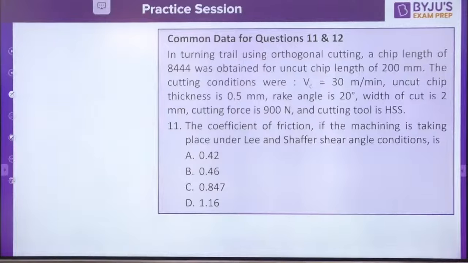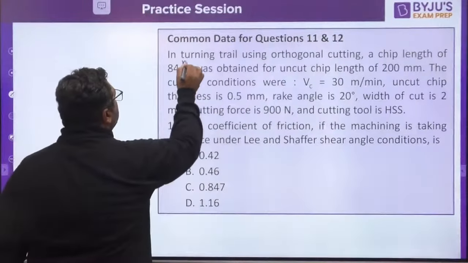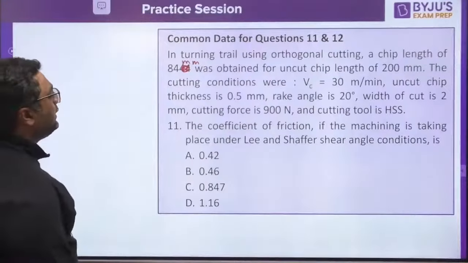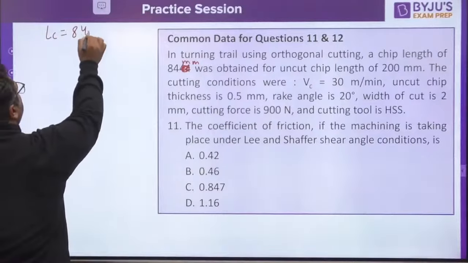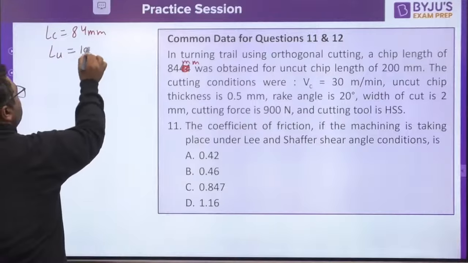Actually, this is 84 mm. In turning using orthogonal cutting, a chip length. So Lc is 84 mm, and uncut is 100 mm.